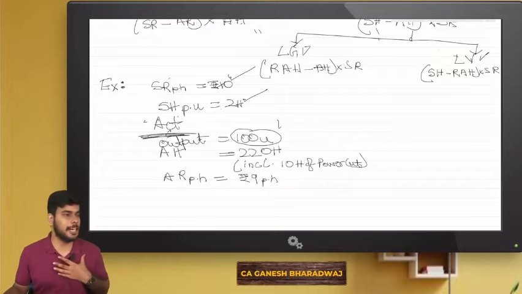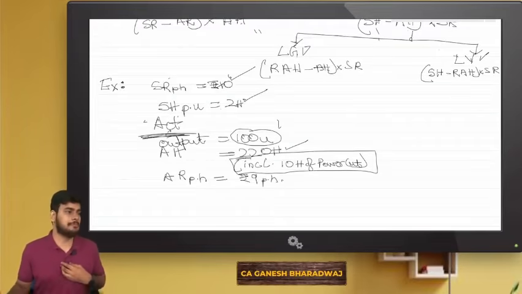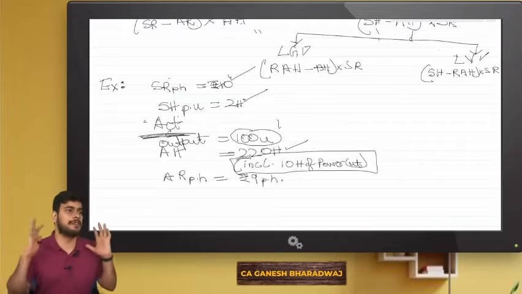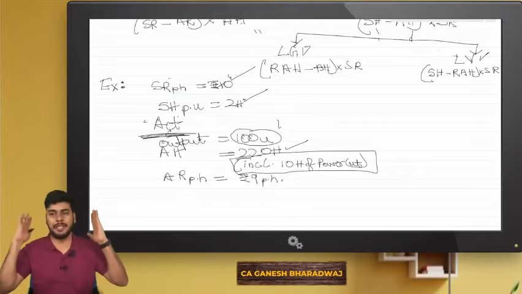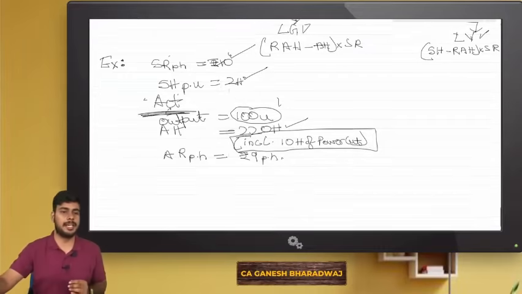But you have actually taken 220 hours. And the actual rate that I am paying is 9 per hour. And I have also given one small thing: this includes 10 hours of power cut. That is the point that I want to drive home in this particular area. Clear with the example? Now, let's get into it.